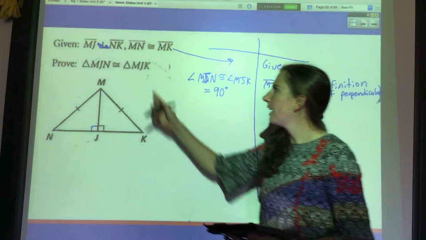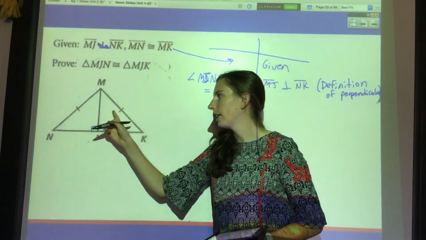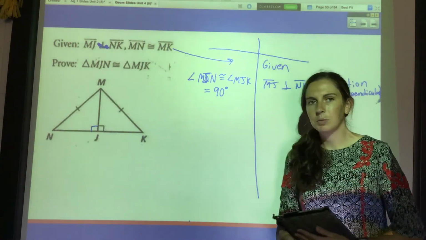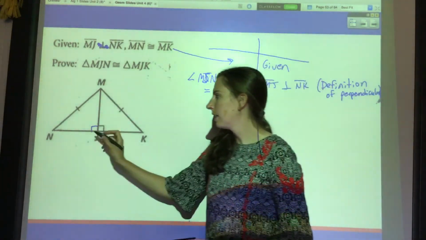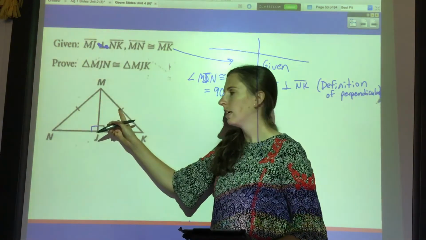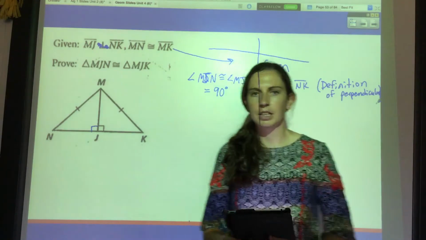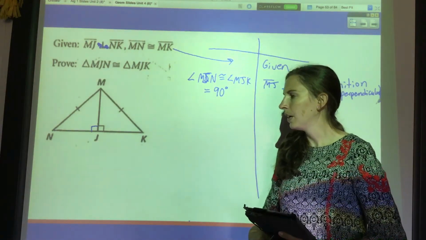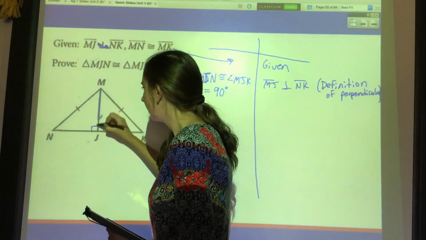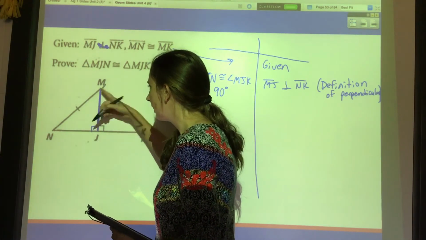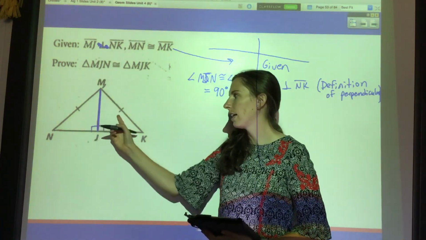Next, it told me MN is congruent to MK. I've already got that marked on here. So let's see what we've got. I've got these sides and these angles. Angle side or side angle is not enough to prove that these are the same. You may notice though that this segment is a side on this triangle and it's a side on this triangle.